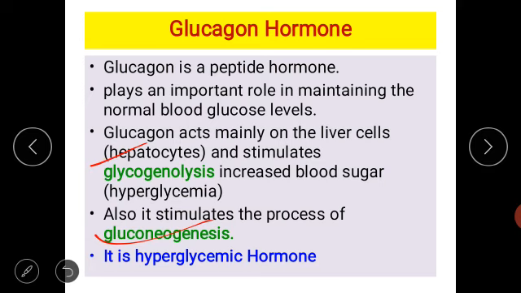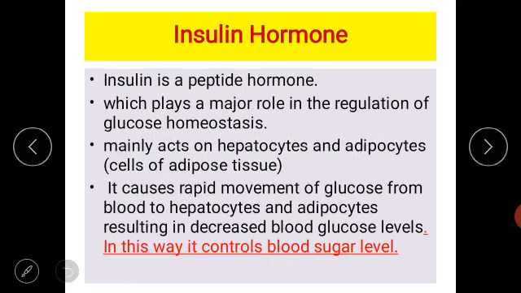That is why glucagon stimulates gluconeogenesis, and so it is called a hyperglycemic hormone.